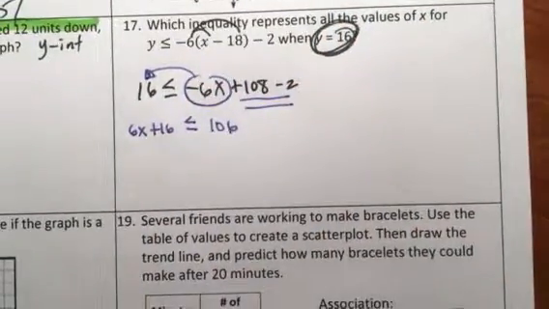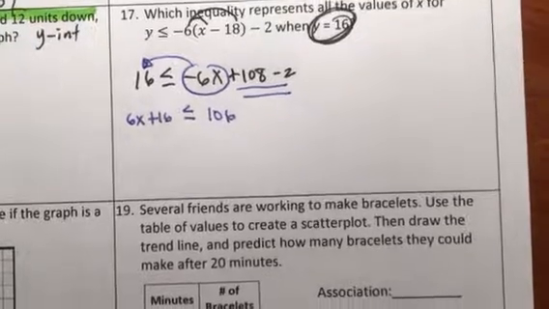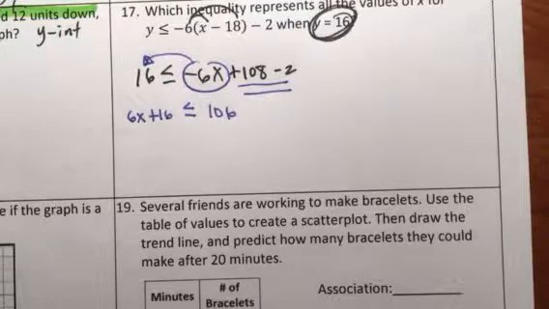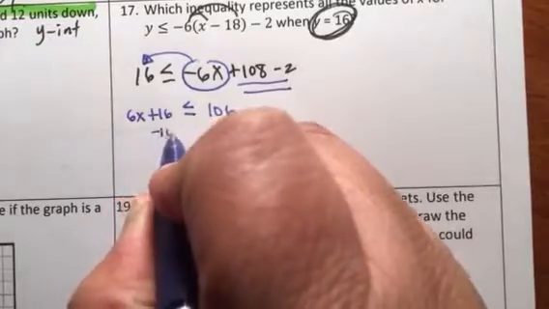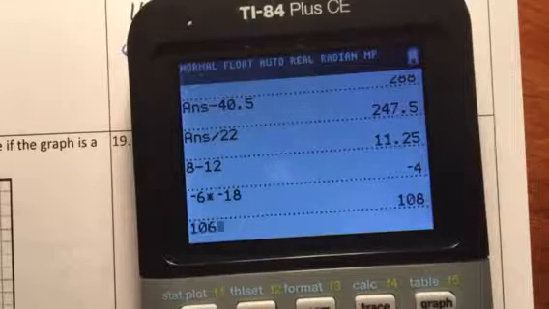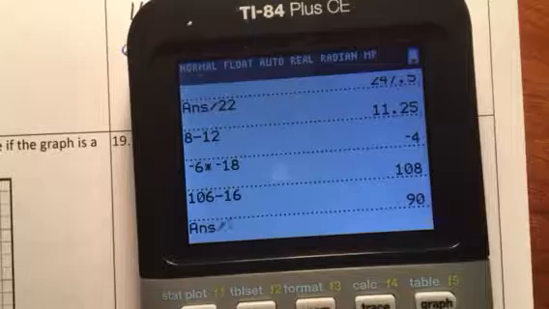All I've done was move the x and change the sign. And I've done 108 minus 2, which gave you the 106. So now I'm going to subtract 16 from 106, and then I'm going to have to divide by 6.